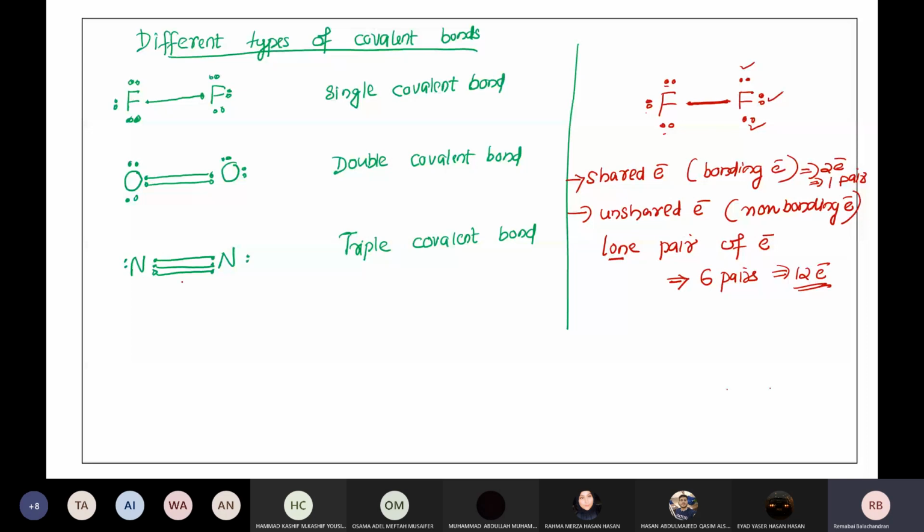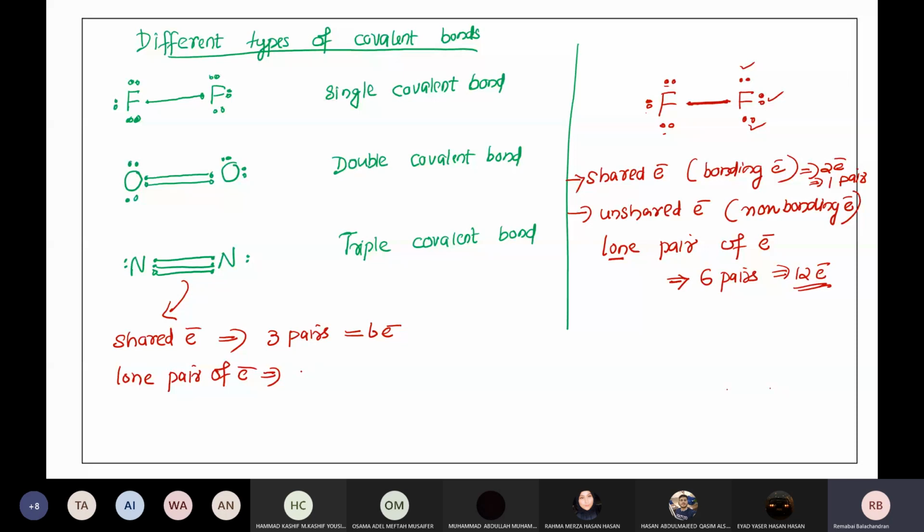Now here, can you tell me how many shared electrons in total? There are 6 shared electrons and 2 lone pairs. So 3 pairs, and 6 electrons.